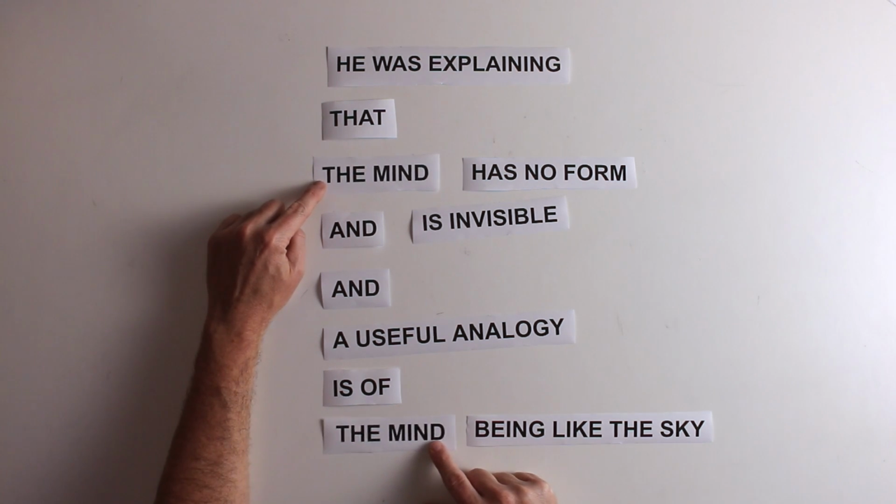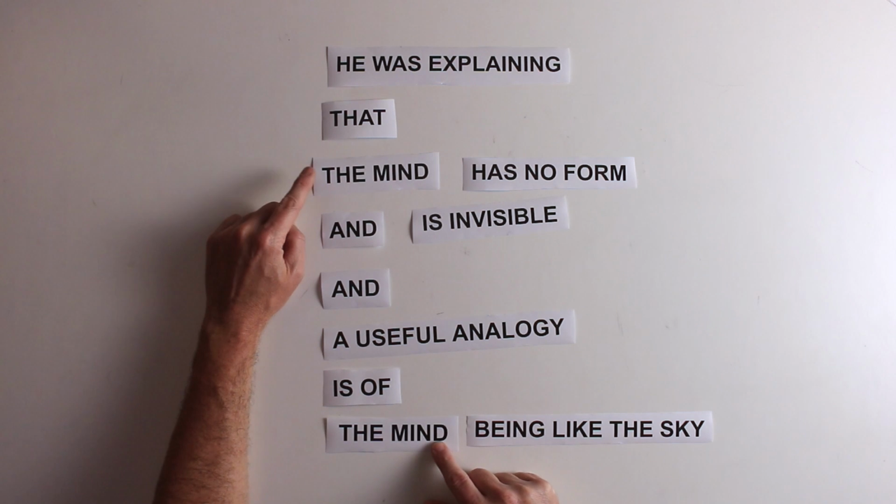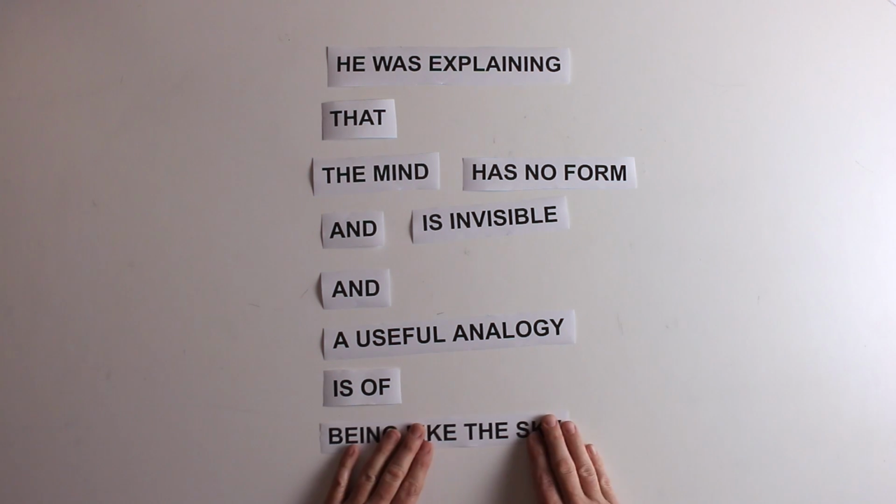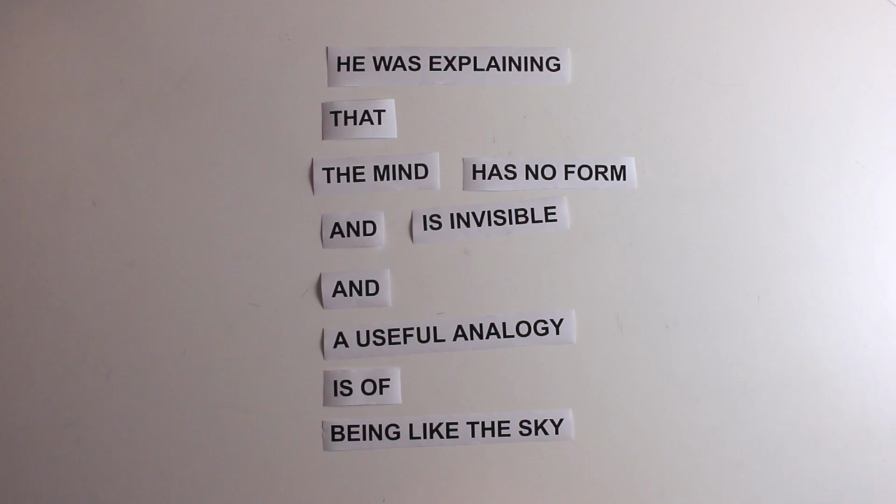Again, you can see here this parallel structure, so we don't need that either. He was explaining that the mind has no form and is invisible, and a useful analogy is of being like the sky. So now we have eliminated every single point of repetition in this sentence.